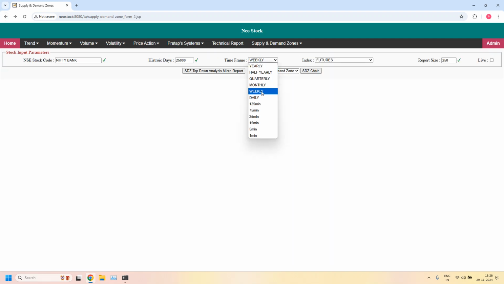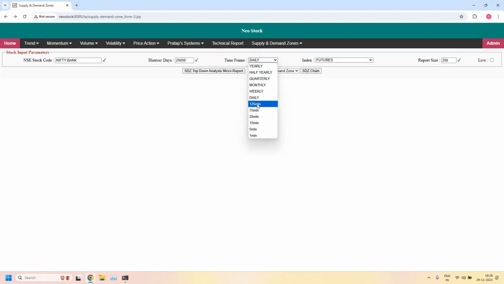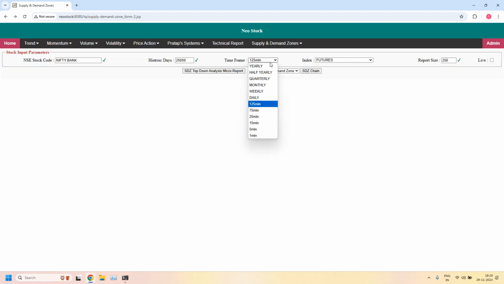Next daily supply demand zone chain for BANKNIFTY. Next 125-minute supply demand zone chain for BANKNIFTY. Next 75-minute supply demand zone chain for BANKNIFTY.